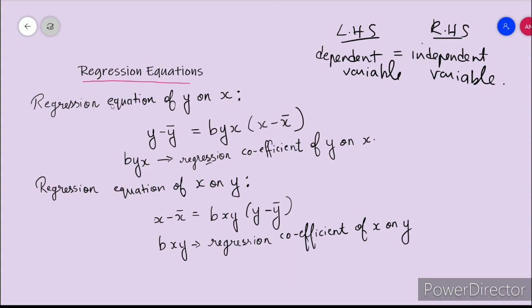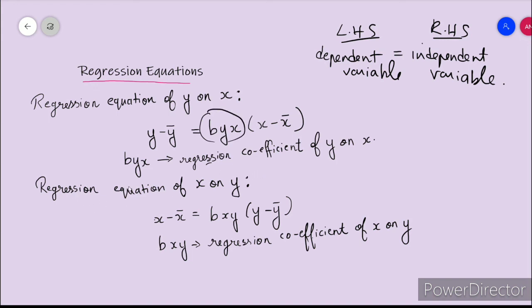The regression equation of y on x is as follows, and we have already seen that byx is nothing but the regression coefficient of y on x. It is here that regression coefficients become a part of forming regression equations.